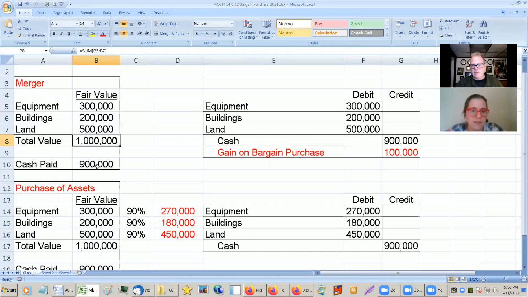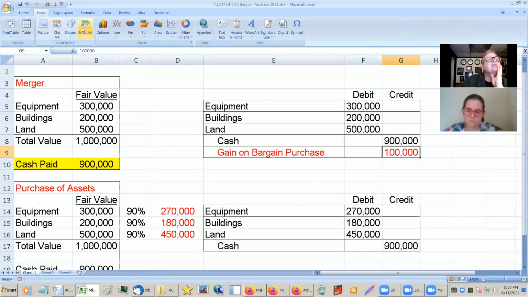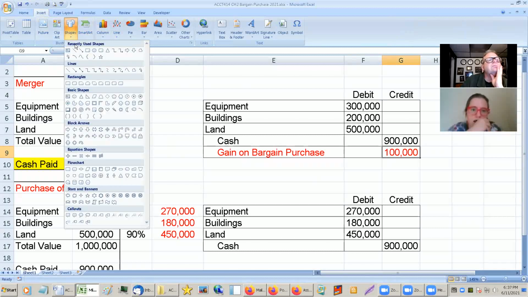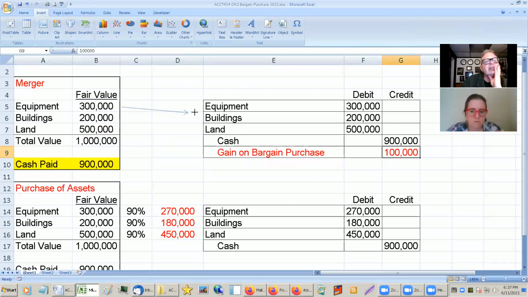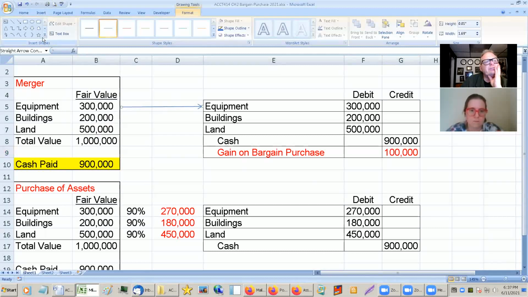The total value is $1 million, and you paid $900,000. So you paid less, right? And so if it's a merger, you will recognize a $100,000 gain. These all go on at the same price.